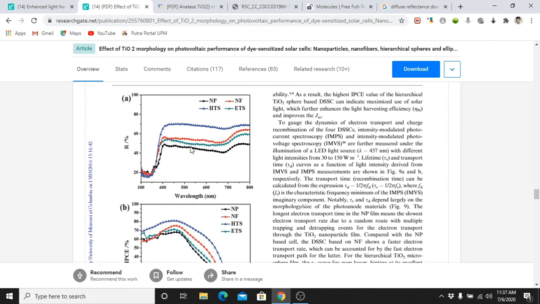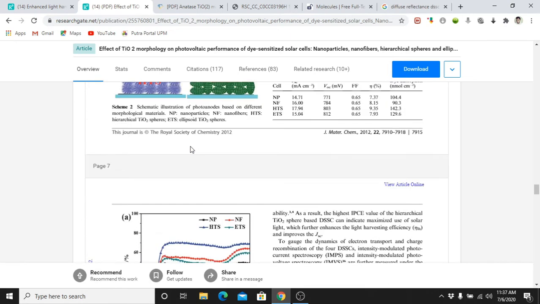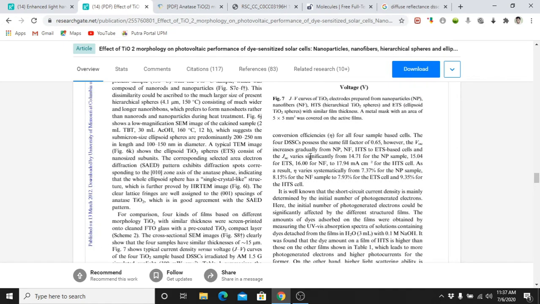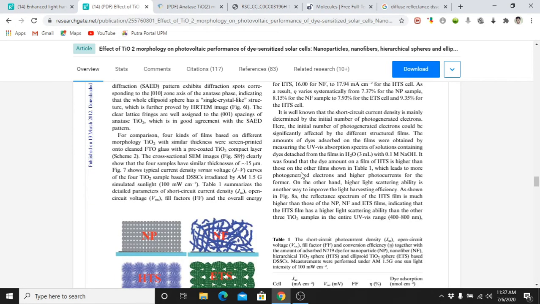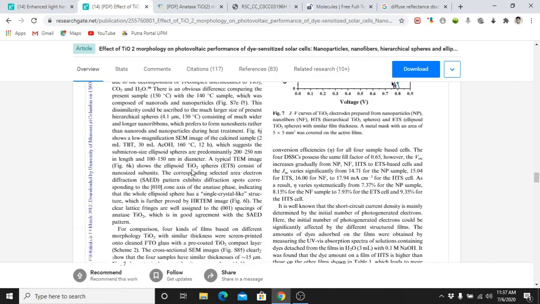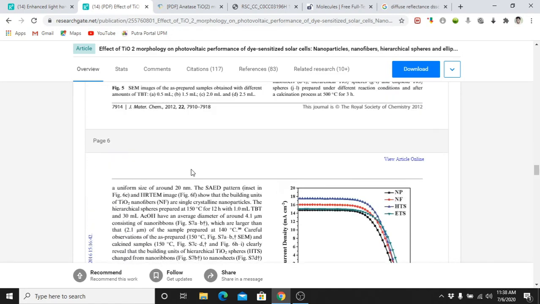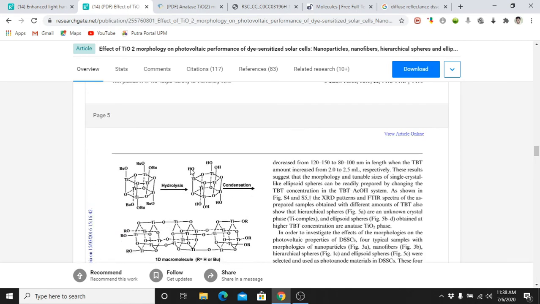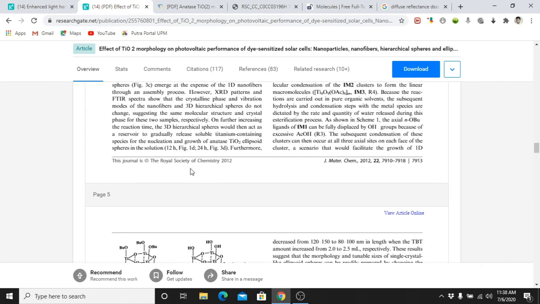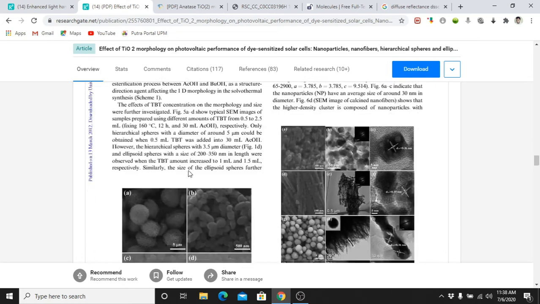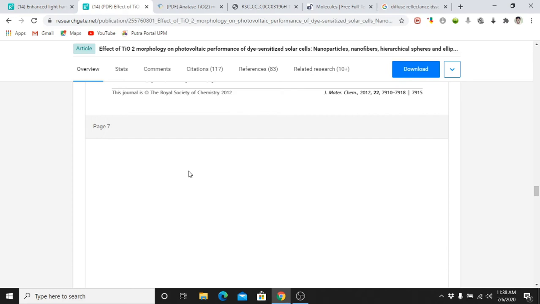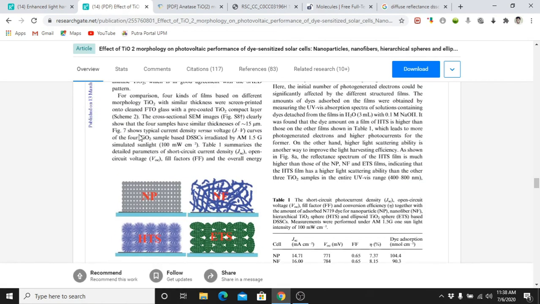So let's look at the discussion about figure 8A.